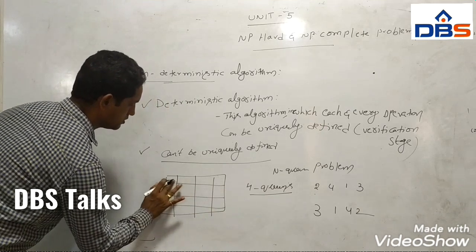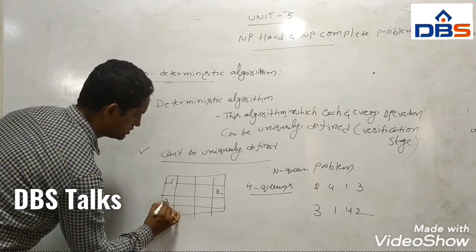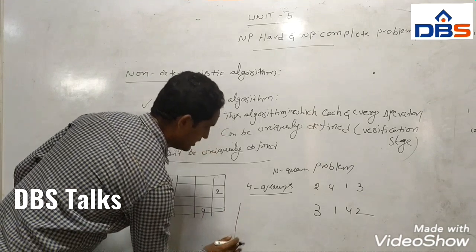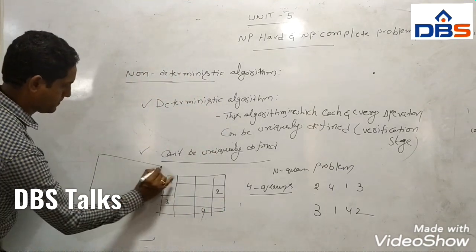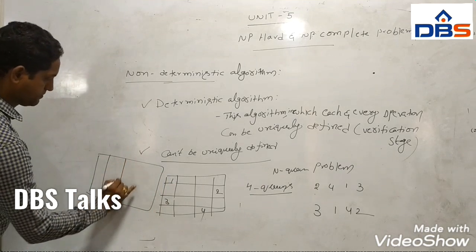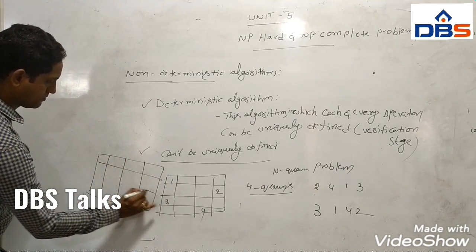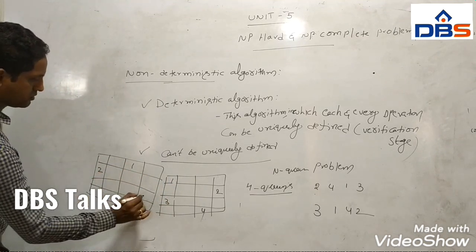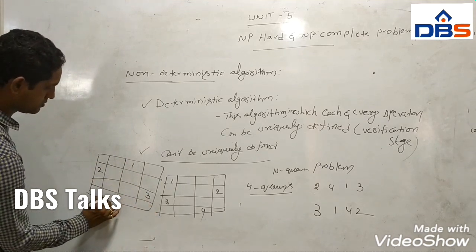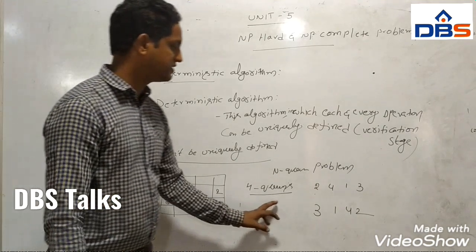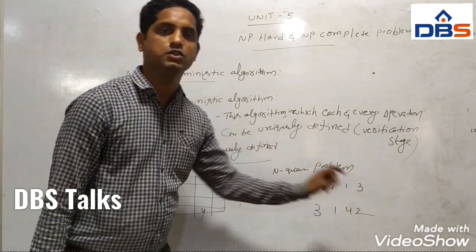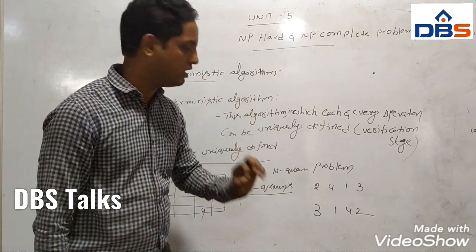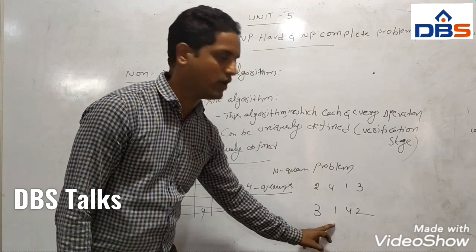So 1, 2, 3, 4. This is one of the possibilities, and the second one is the other. So the possibilities are 2, 4, 1, 3 to put a particular queen, and also it is possible to put a particular queen in the places 3, 1, 4, 2.